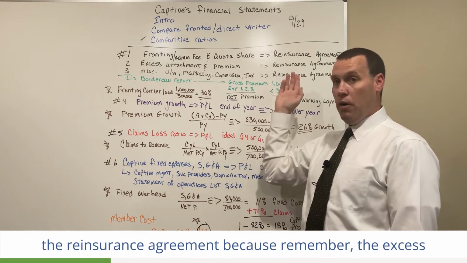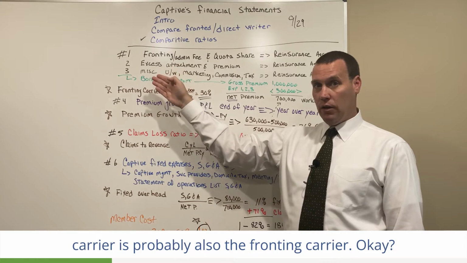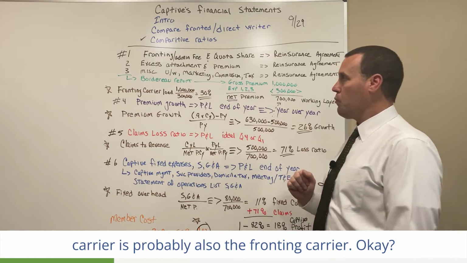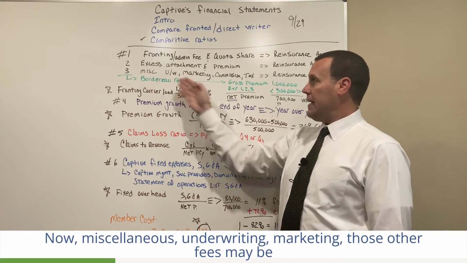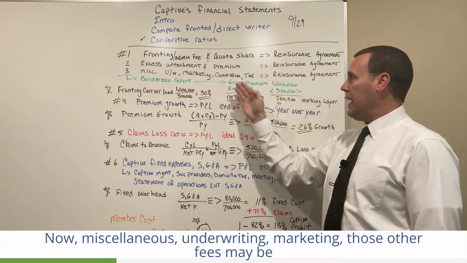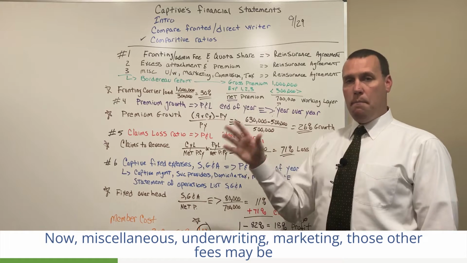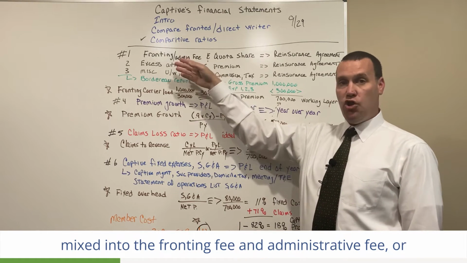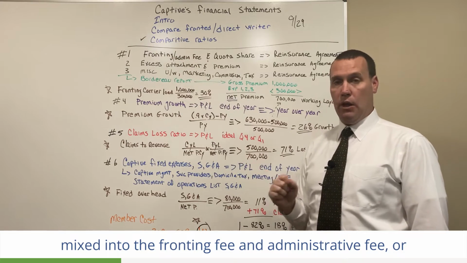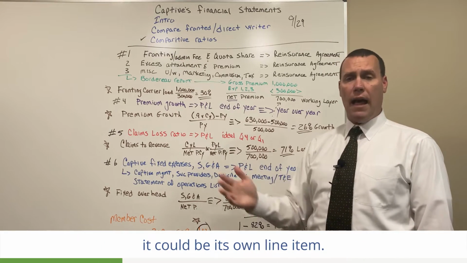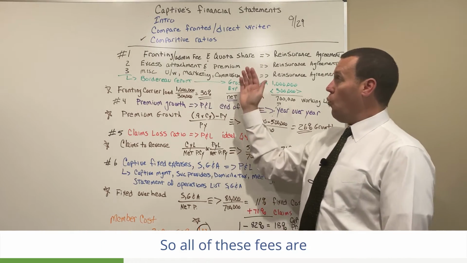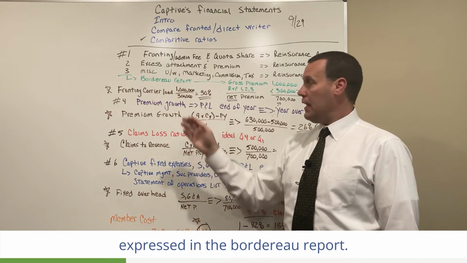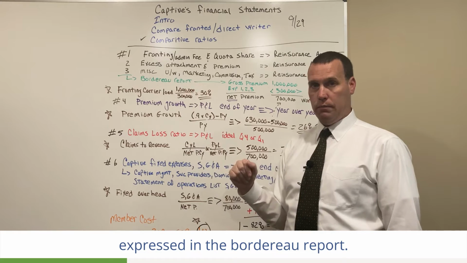Because, remember, the excess carrier is probably also the fronting carrier. Now, miscellaneous underwriting, marketing, those other fees may be mixed into the fronting fee and administrative fee, or it could be its own line item. So all of these fees are expressed in the bordereau report.